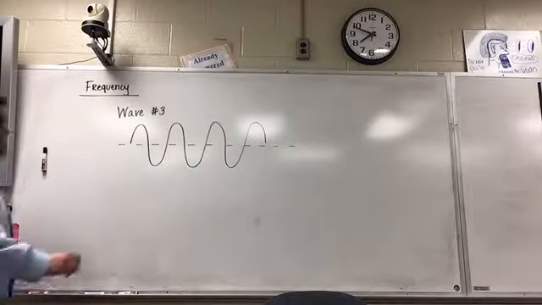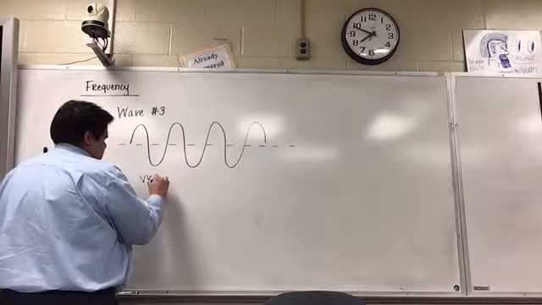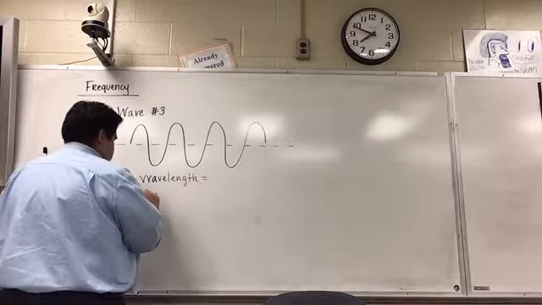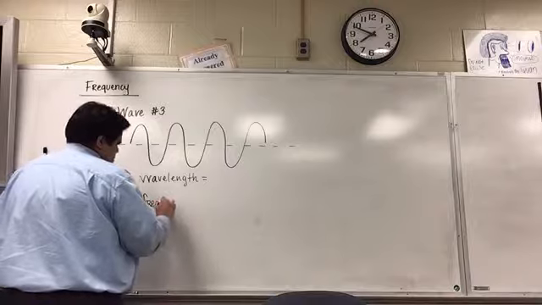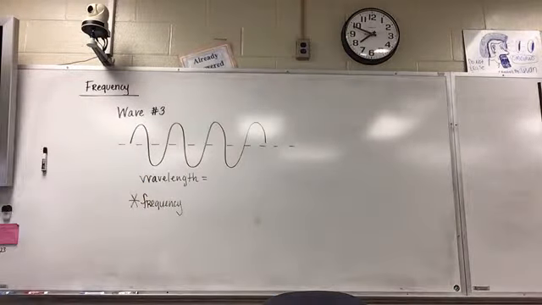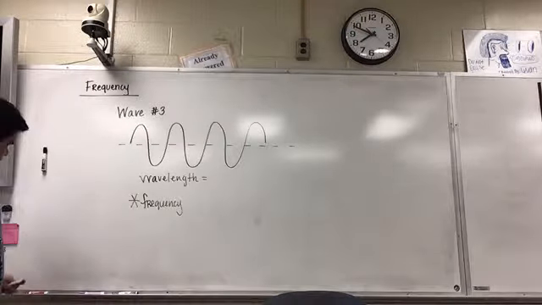Okay, now just to get into the habit, I'm going to put the same thing down. I'm going to put wavelength equals, and then I'm going to put frequency equals. And I'm going to put a little asterisk over here next to frequency, because that's the point that I'm emphasizing in this particular diagram. All right, where is my ruler?